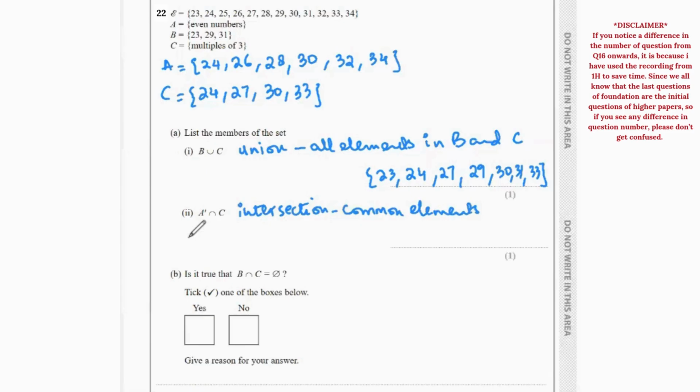So A complement means elements that are not a part of A and that are common with C. So not a part of A and common with C are 27 and 33. Because as you can see, 24 is in A and C, so is 30. So those are not included in the intersection. But 27 and 33 are not in A, but are in C. So that is our answer.